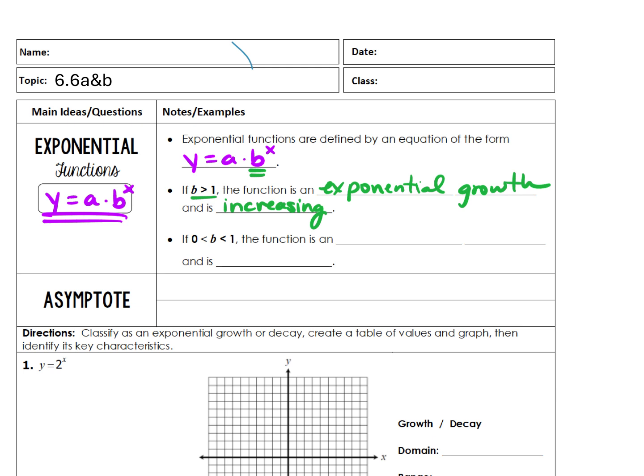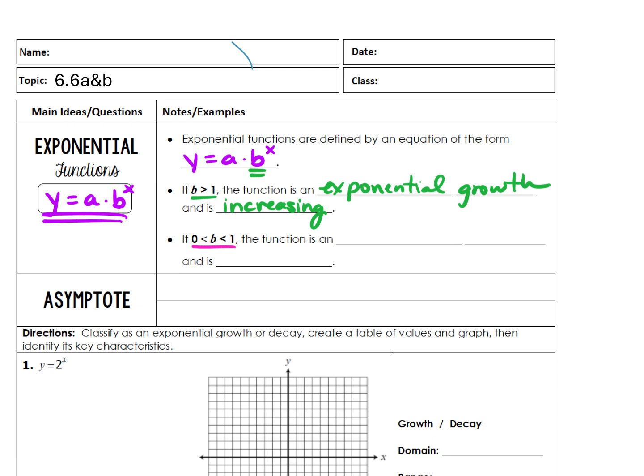The second part here says if 0 is less than b is less than 1. So it's not just that b is less than 1. We don't want to get into the negatives, but a number between 0 and 1. So tell me what a number between 0 and 1 looks like? 0.4, which would be 4/10 or 2/5. Give me another number between 0 and 1.